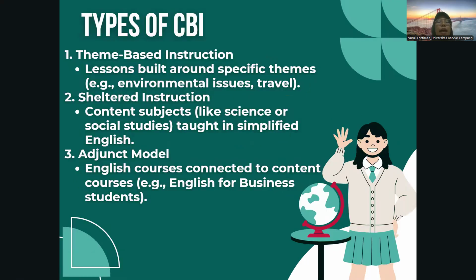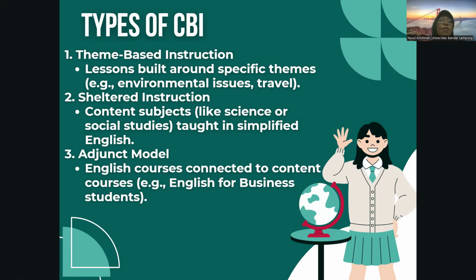Types of CBI. The first one is theme-based instruction. The lesson is built around specific themes. For example, the teacher gives environmental issues, travel, or others as the topic. The second is sheltered instruction. The content subject, for example science, design, or social studies, is taught in simple English.